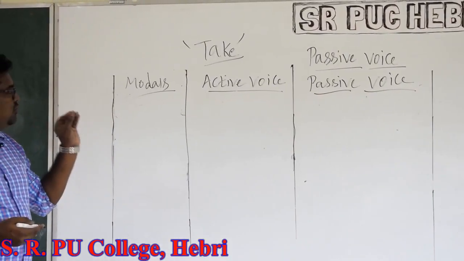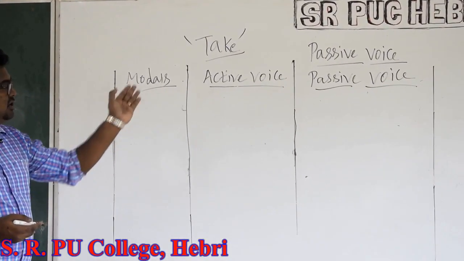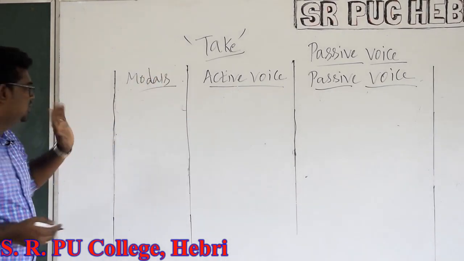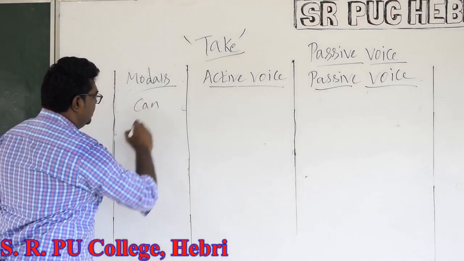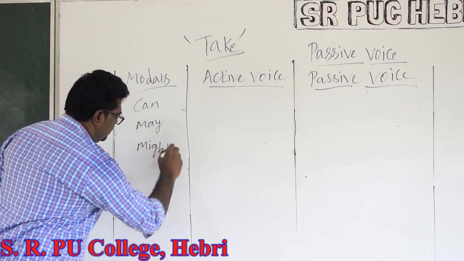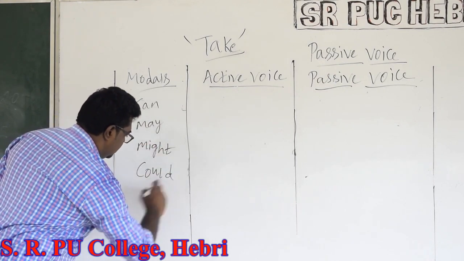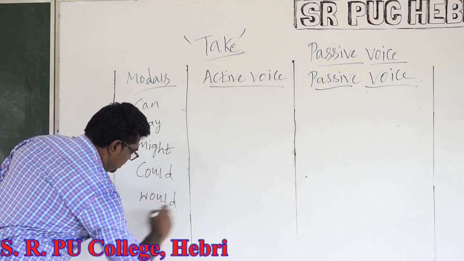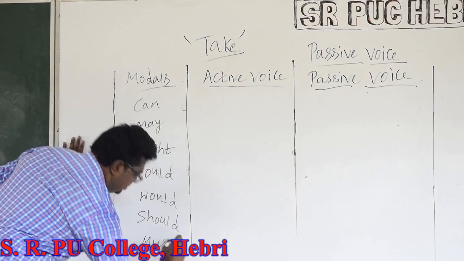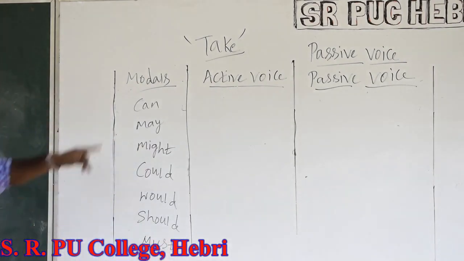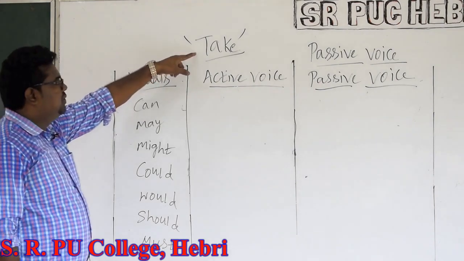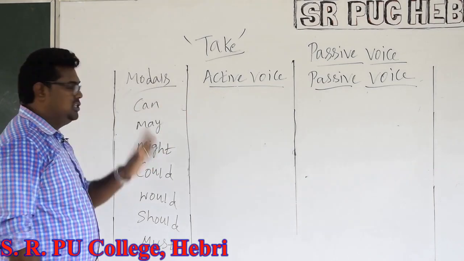Let us discuss how the modals change from active to passive voice when we use the main verb take. First write can, may, might, could, would, should, must, etc. Now the modal can and the verb take in active voice will have this form.